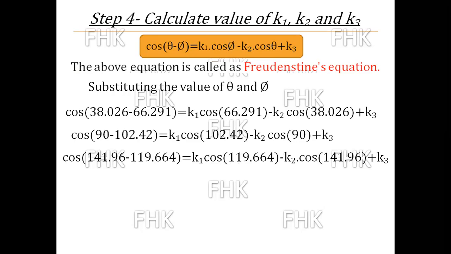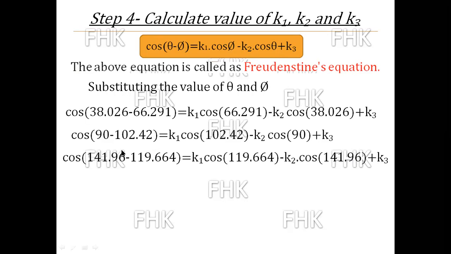In this question we have to find up to three precision points, so we get three equations. Cos of theta 3 minus phi 3 equals K1 cos phi 3, 119.664, minus K2 cos theta 3, 141.96, plus K3.